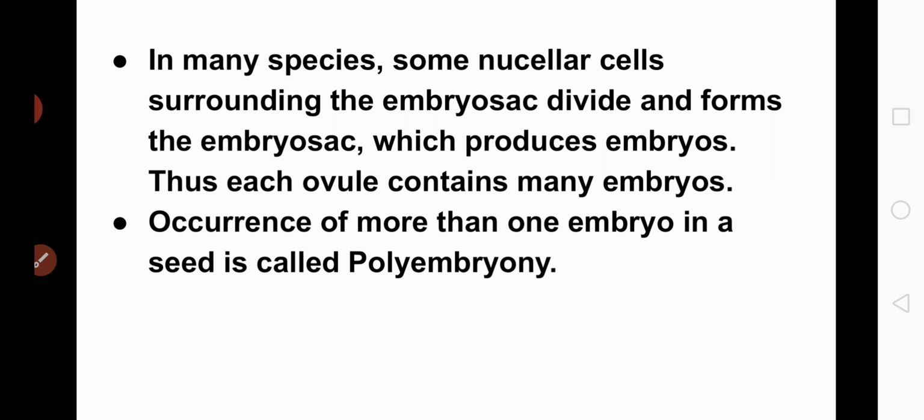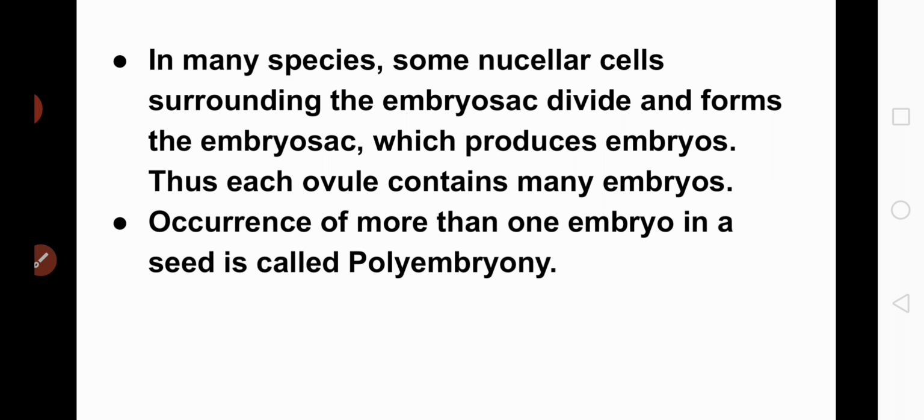Polyembryony means that in many species, for example many citrus and mango varieties, some nucellar cells surrounding the embryo sac divide and form embryos, and thus each ovule contains many embryos.